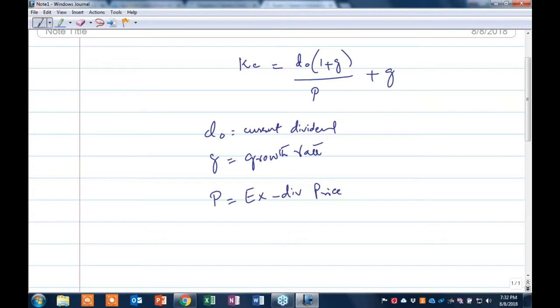When the price goes up because of the dividends, it is called cum-div price. But the moment the dividend is paid, theoretically the price will come back to its original position, and that price is called ex-div price. So we should always use the ex-div price rather than the cum-div price. Is that clear?